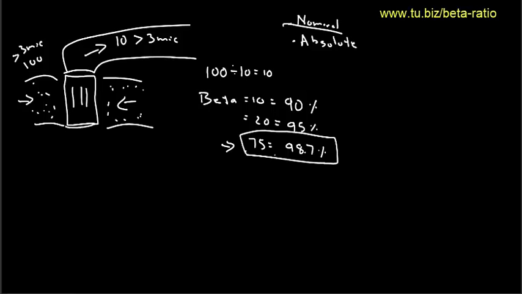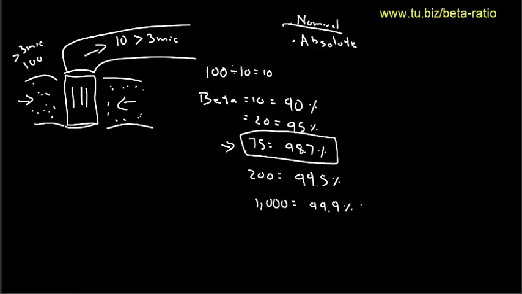Now, there are also beta 200s, which can give you a 99.5% efficiency. It can give you a beta 1000, which can give you a 99.9% efficiency.